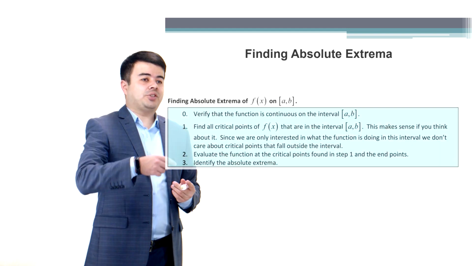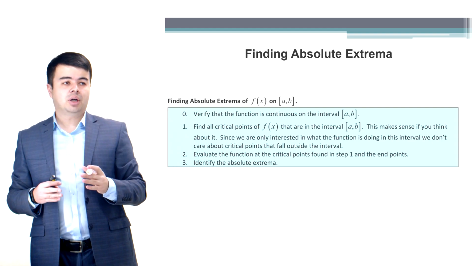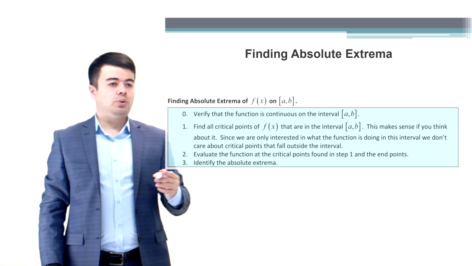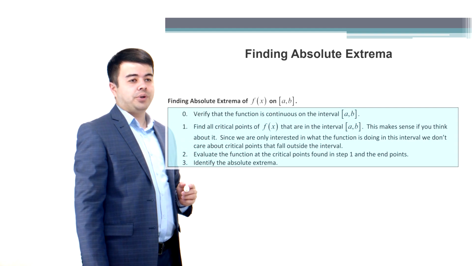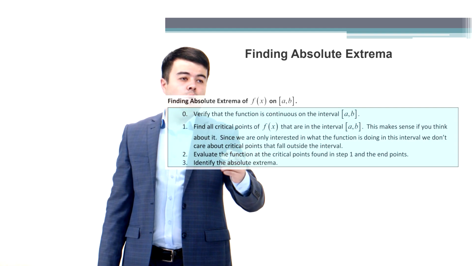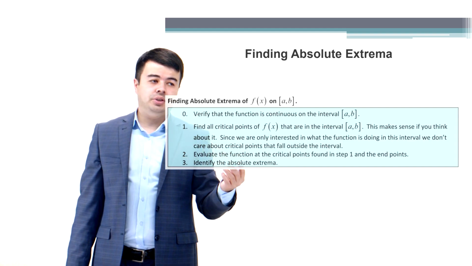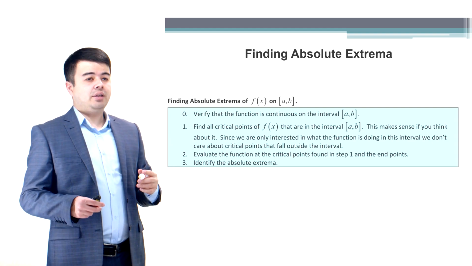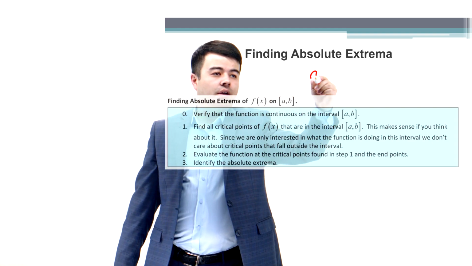Okay, finding absolute extrema. Finding absolute extrema is finding maxima and minima on the given interval [a, b]. To find it, firstly we need to follow this list of steps. The first one is to verify the function is continuous on [a, b], then find all critical points of f of x, then evaluate the function at the critical points which we found in the previous step, and then find all values at the endpoints, here a and b.